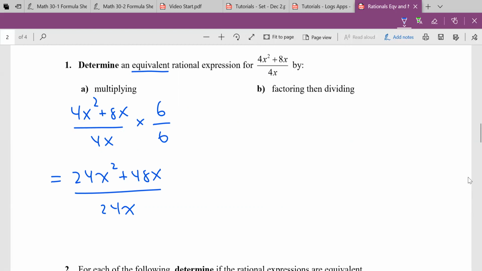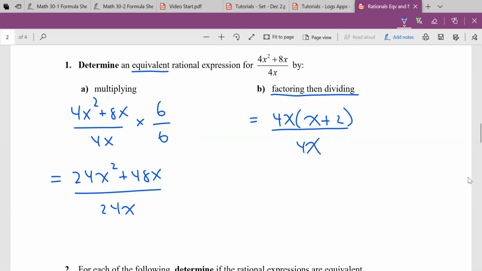So the method we're going to follow to find equivalent fractions is this. We're going to factor. So this is why we practiced factoring the other day. So here's what we're going to do. We're going to factor, and we'll treat the numerator and denominator as two separate things. What can I factor out of the numerator? Well, out of the numerator, there's a greatest common factor of 4x.